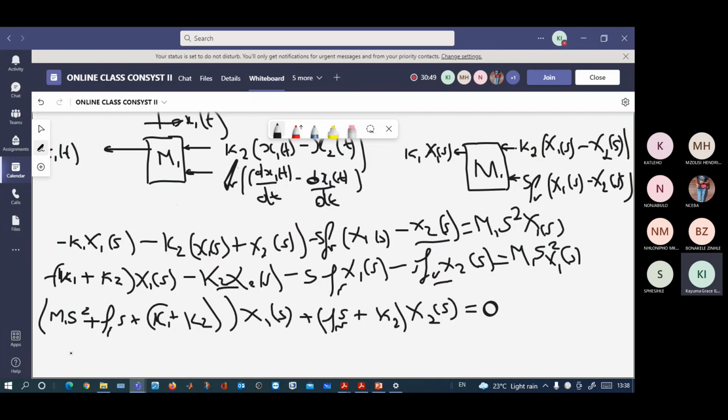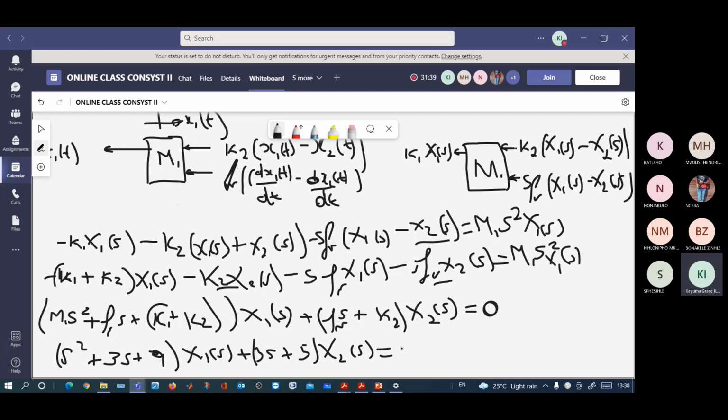We're going to have M s squared plus 3 plus 3s, then plus 4 plus 5, which is 9, close the brackets, times X1 of s, and then plus 3s plus 5 X2 of s.